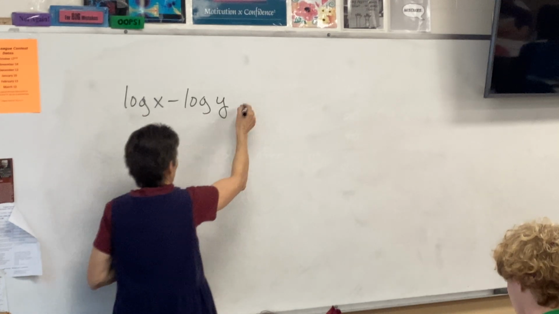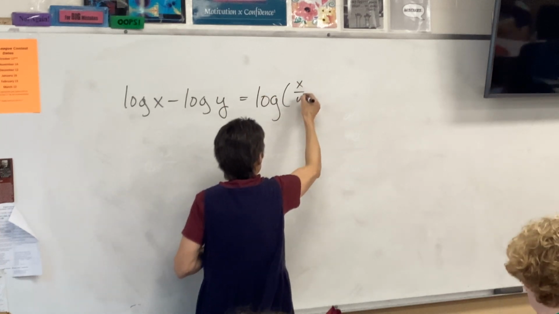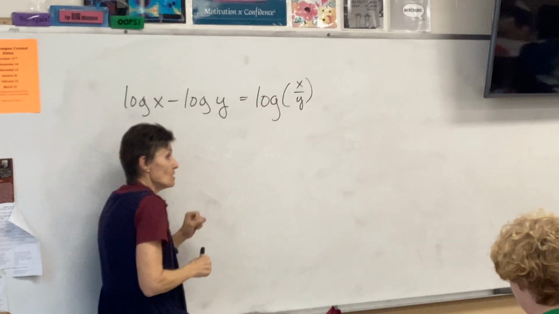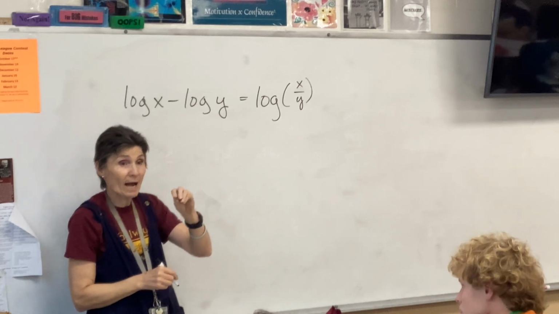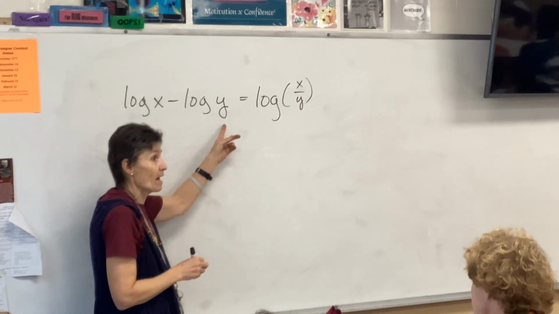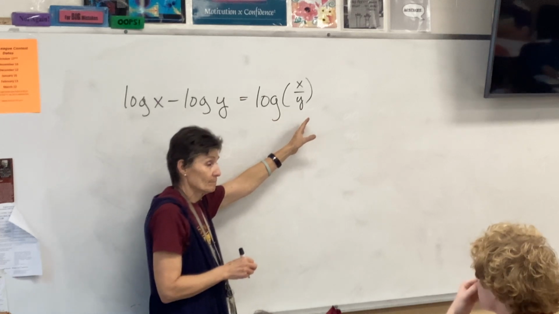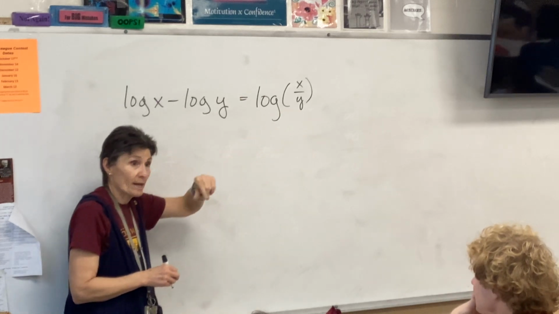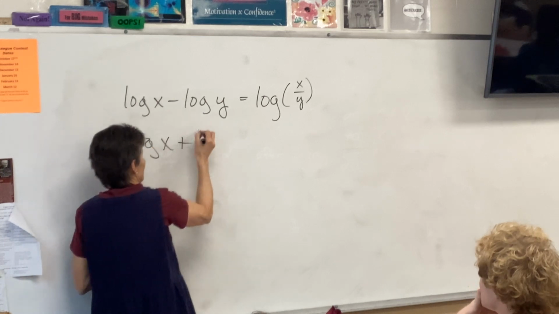This equals the log of x over y. When you see that logarithms have been subtracted, that means that the numbers themselves, the x and the y, have been divided. Okay, now it's not on the paper, but what do you think this would mean?